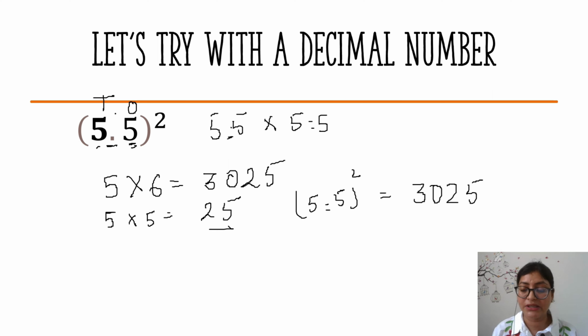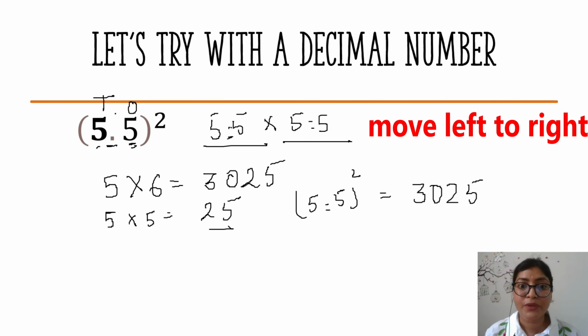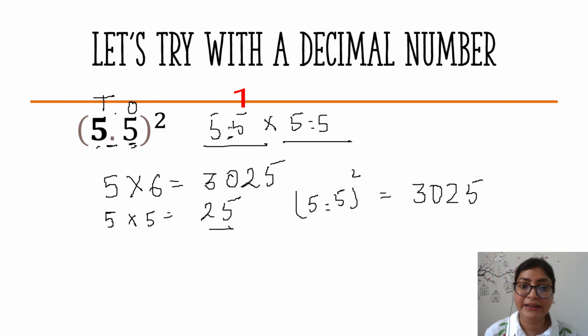What about that decimal? So here's how we put the decimal. Here I have written 5.5 multiplied by 5.5. Now we will see after how many digits we have put the decimal here. Okay, and we always start from left to right. So this is the first digit and then we have a decimal here and then this is the second digit and then we have a decimal here.